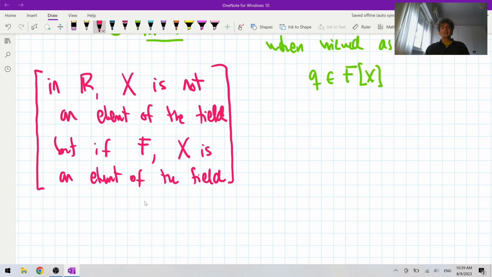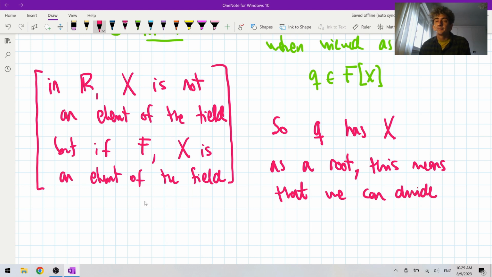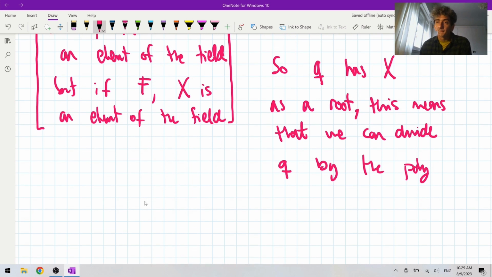So Q has X as a root. So we can divide. This means that we can divide Q by the polynomial t minus x.